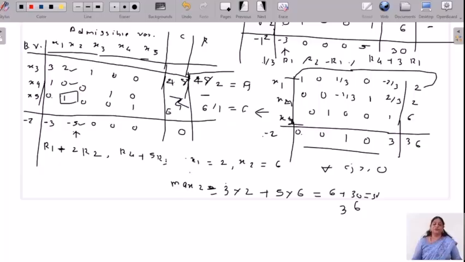Here you already observe that this value is also 36.